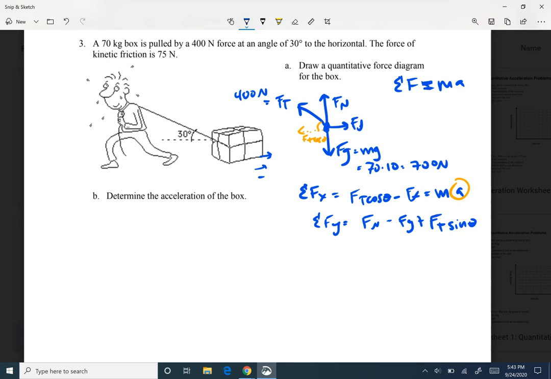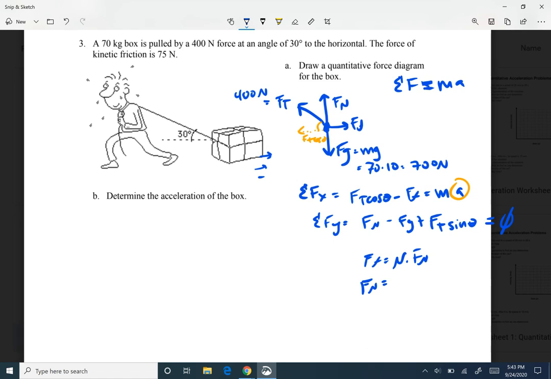So let's find force friction. We know that force friction is equal to mu times force normal, so we've got to find force normal. If I go back to our sum of the forces in the y direction, it's not moving in the y direction, right? It's balanced that way. So if it's balanced, that means we can set that equation equal to 0. Now we can solve for force normal.